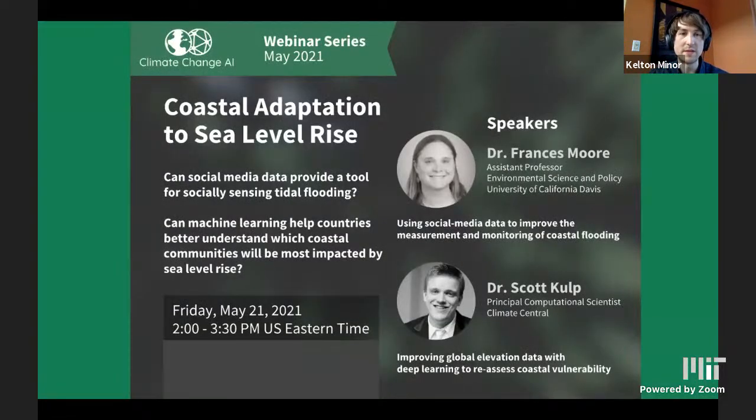So this leads us to today's critical topic, coastal adaptation to sea level rise. Certainly sea level rise and discussions around it have been in the news a lot as of late. The world's oceans have long connected humanity via sea-based trade routes, manifest in the port cities that dot coastlines globally.